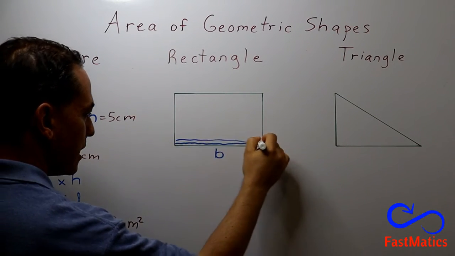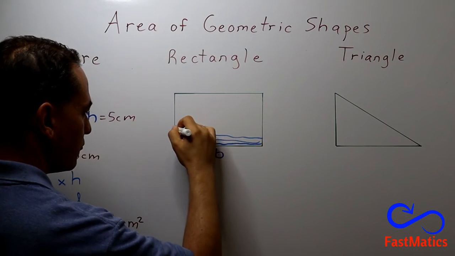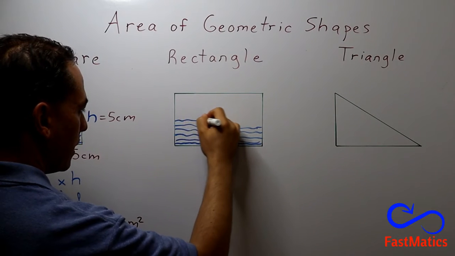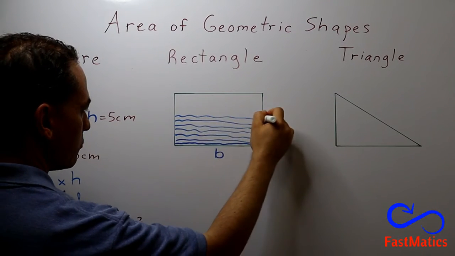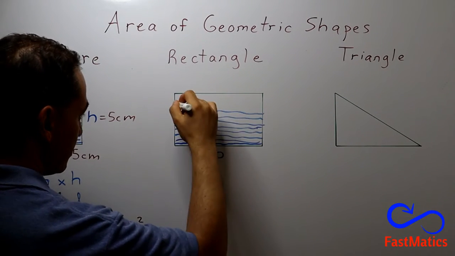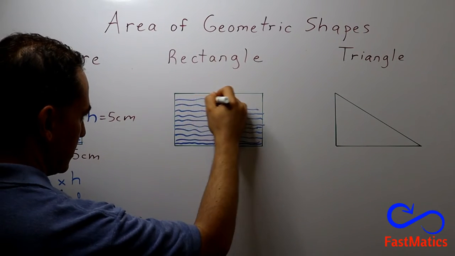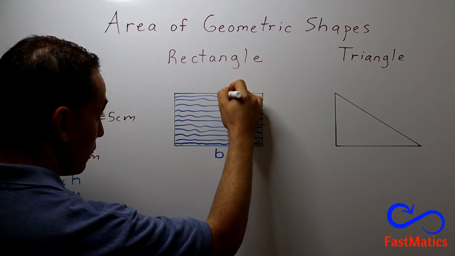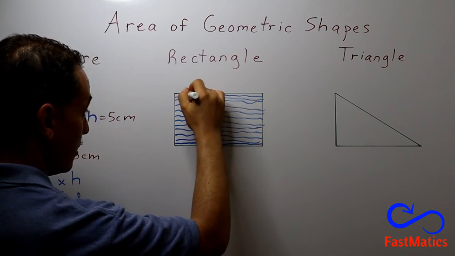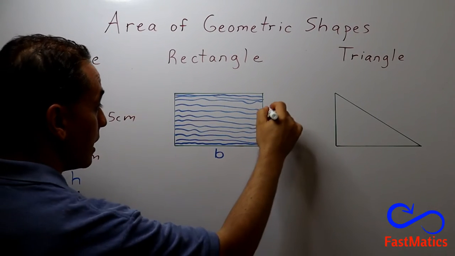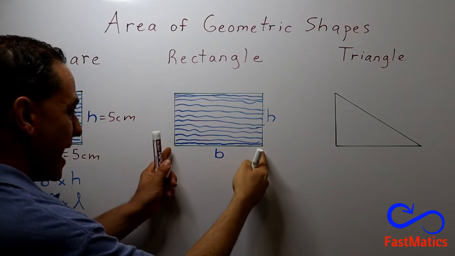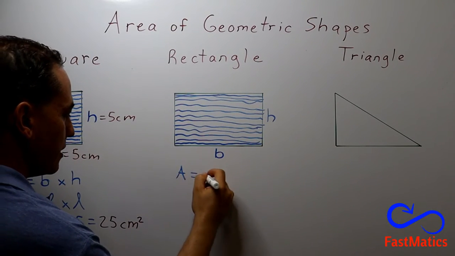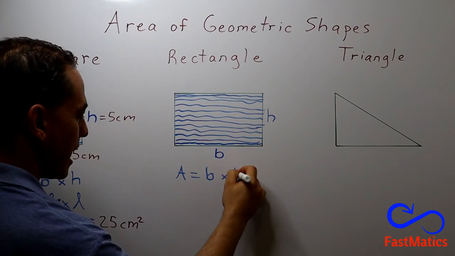You fill the fish tank with water, and you are going to reach some height. That's why the formula of the area of a rectangle is base times height. The area is base times height.